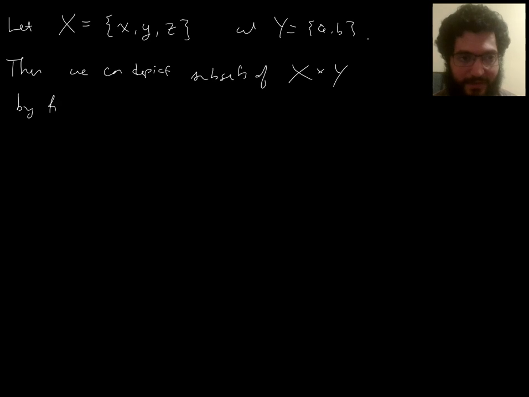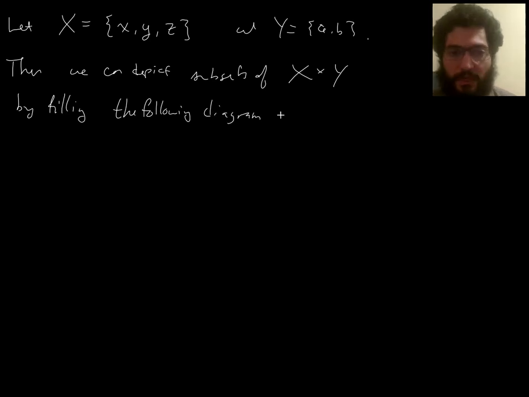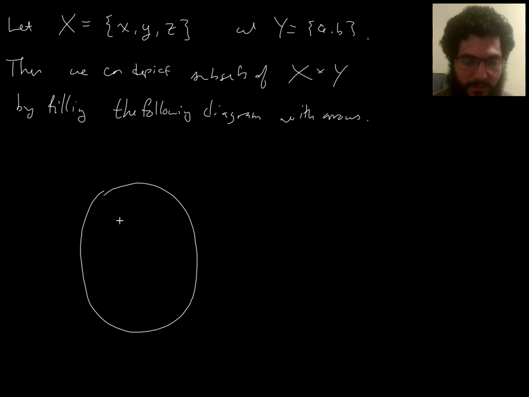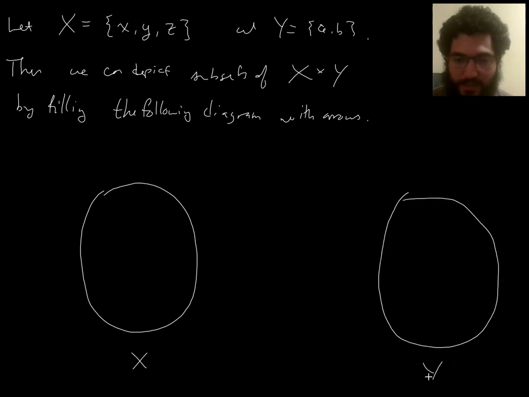By filling in the following diagram with arrows. What we're doing is coming up with a picture that helps us point to things and reason about things. It's not going to help us write a proof, since proofs are going to use definitions and axioms and theorems.